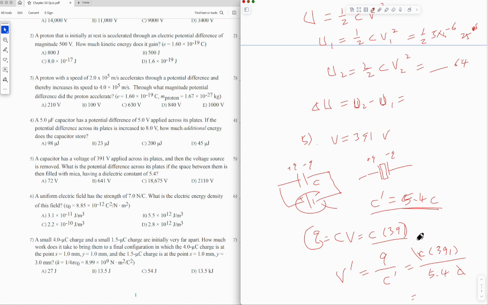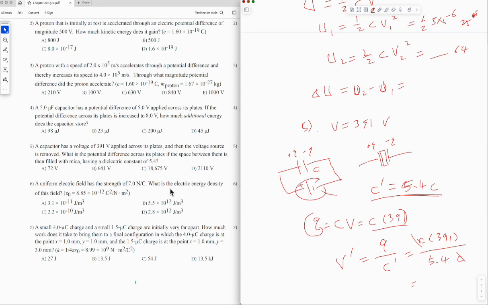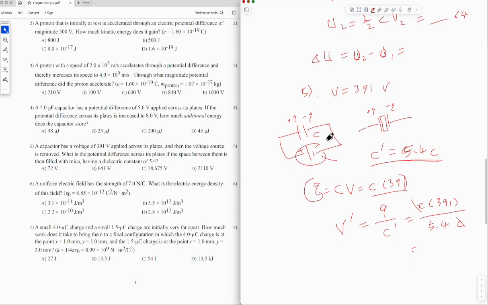The potential difference will be decreased, to about 72 volts. So this is the logic here: by cutting off the voltage source, you trap the charge, the charge can go nowhere. And then if you put the mica in, the voltage will decrease.